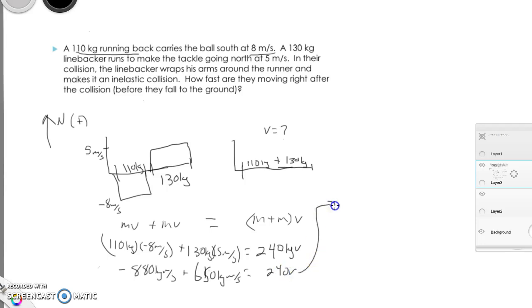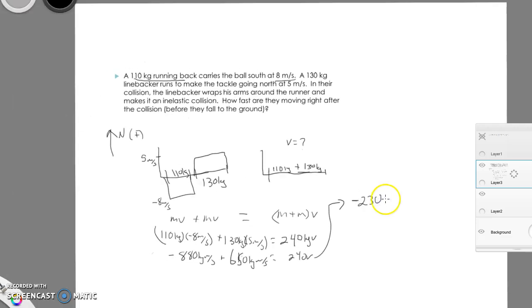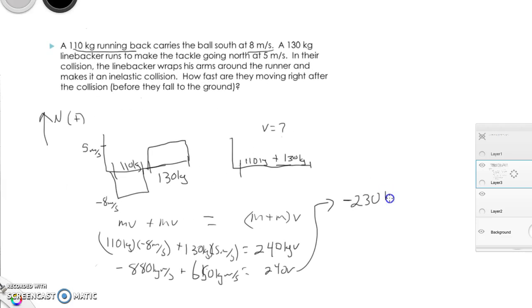I'll move this up here. Negative 880 plus 650 gives us negative 230 kilogram meters per second, and this will be equal to 240 kilograms times v. Our last step is to divide by 240.